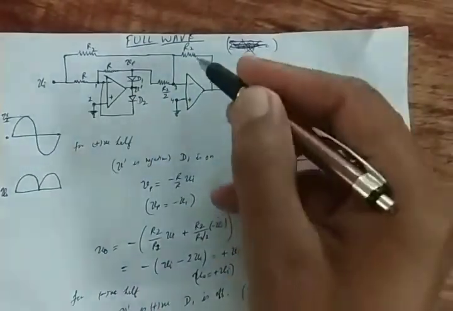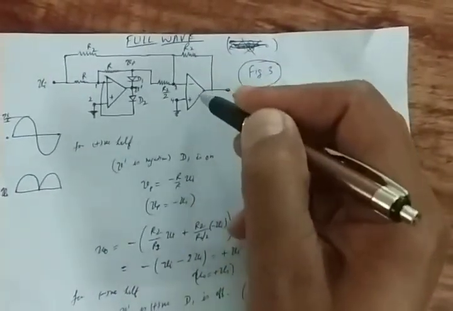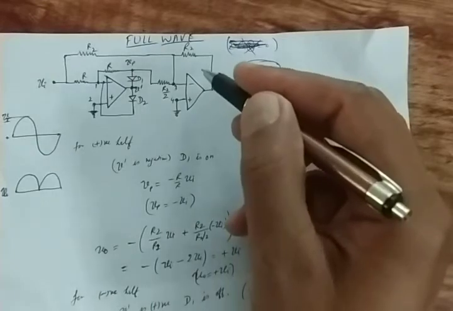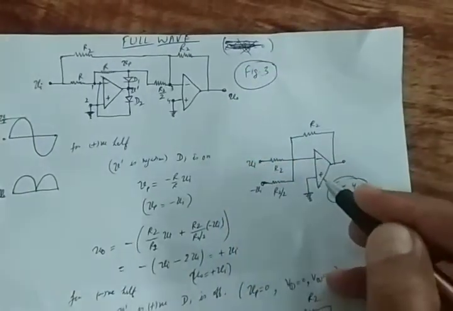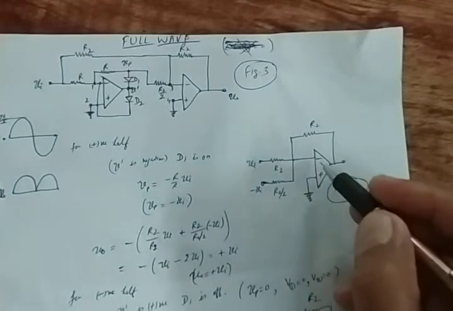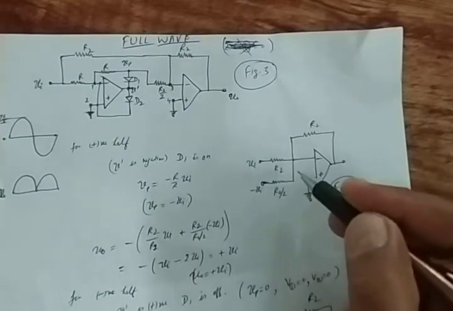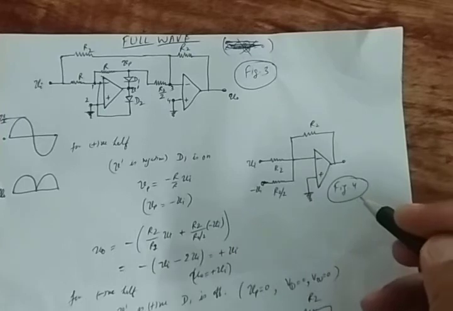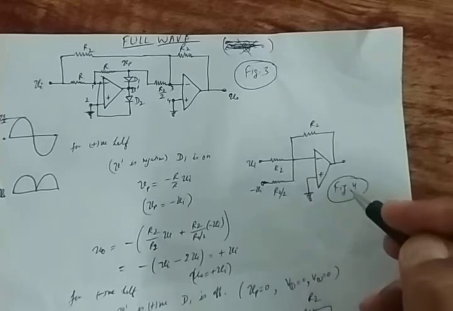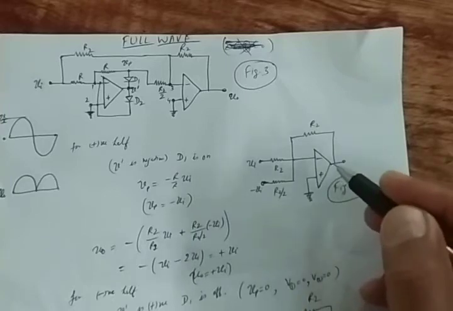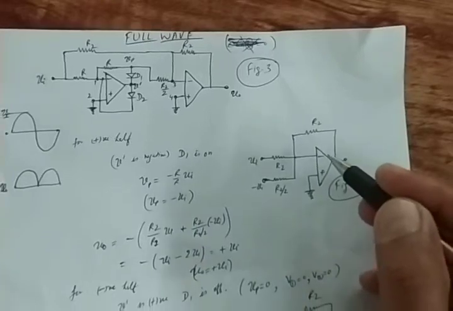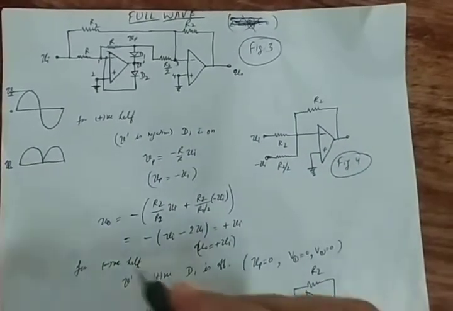So now we will see what happens at the op-amp 2. At this op-amp, the equivalent circuit is given by this figure number 4. So you can see this is just like an adder. So let us use the equation of an adder.